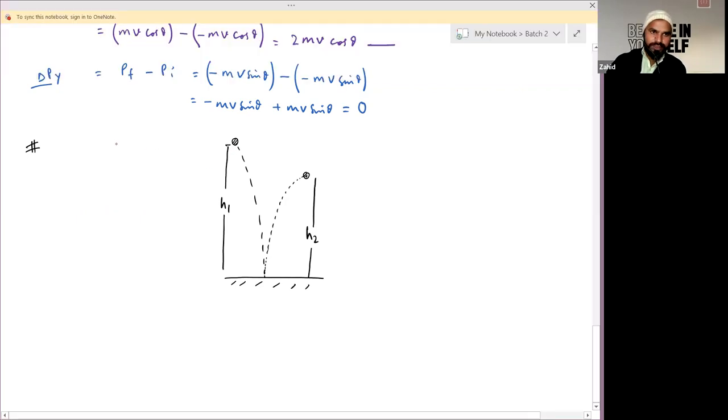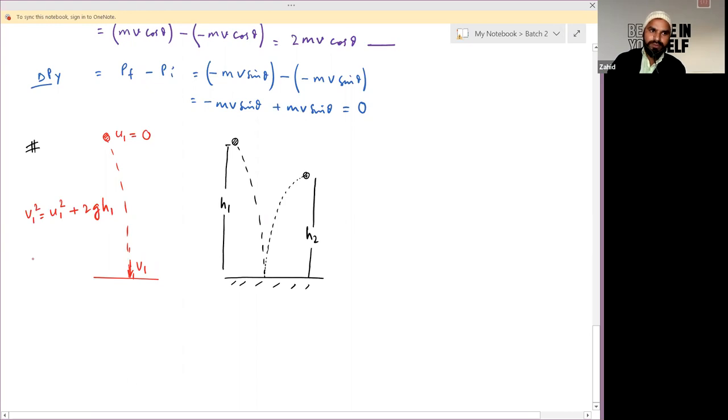Suppose for this initial path, falling down in this direction, at the highest point, the initial velocity of the body will be 0. So it will hit the surface with some velocity v1. Using the third equation of motion, we can find v1 square equals u1 square plus 2gh1.